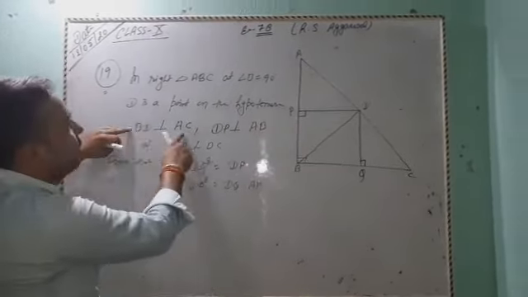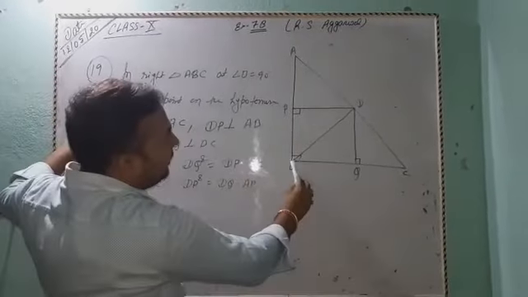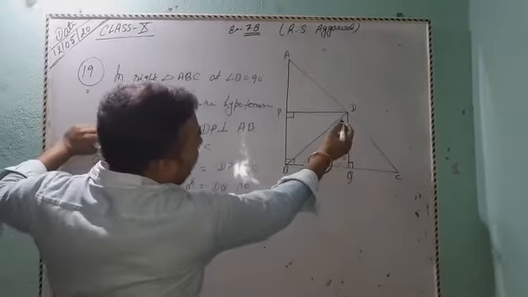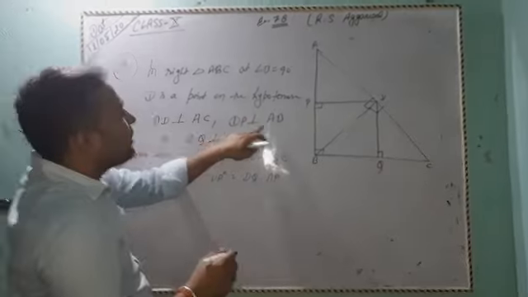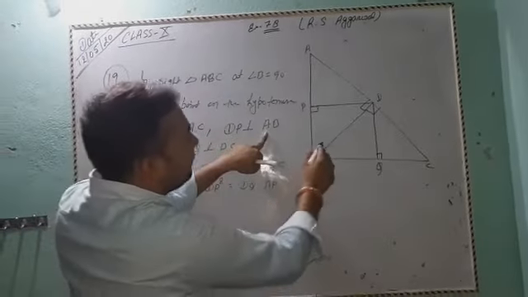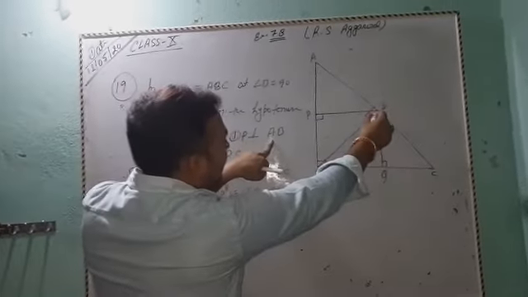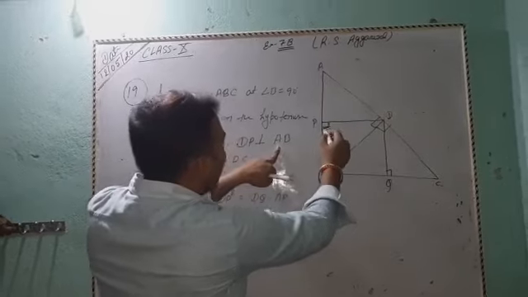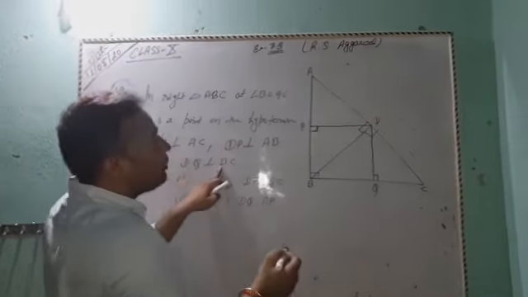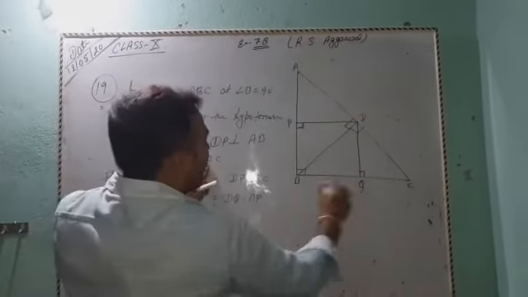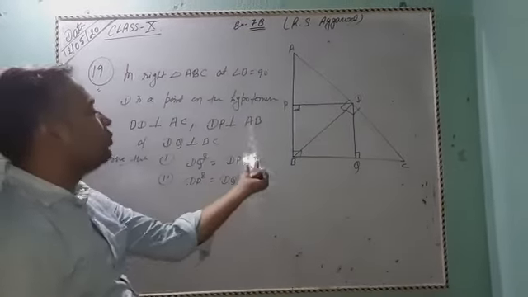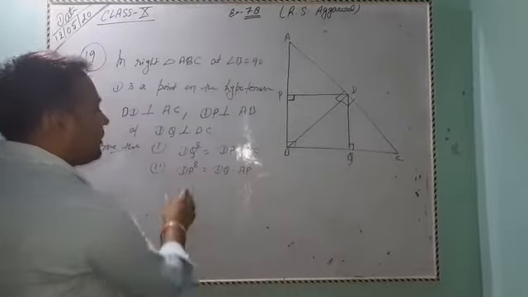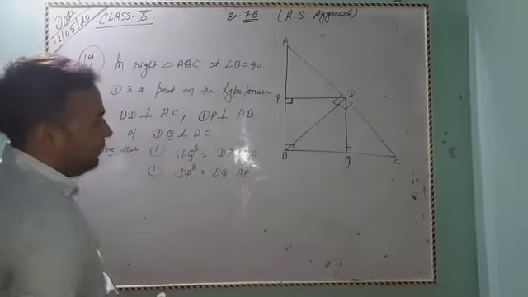BD is perpendicular to AC, DP is perpendicular to AB, DQ is perpendicular to BC. Then prove that DQ square equal to DP into QC, and DP square equal to DQ into AP.